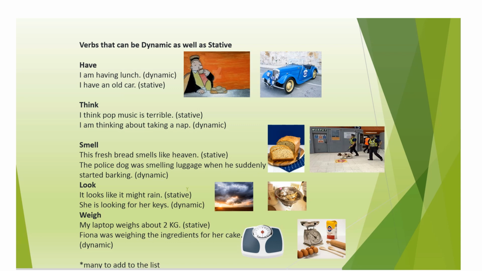She's looking for her keys. So here, the first one is a condition, the state of the weather at that particular moment. In the second case, she is looking, so she is physically looking for her key in that particular bowl of keys.